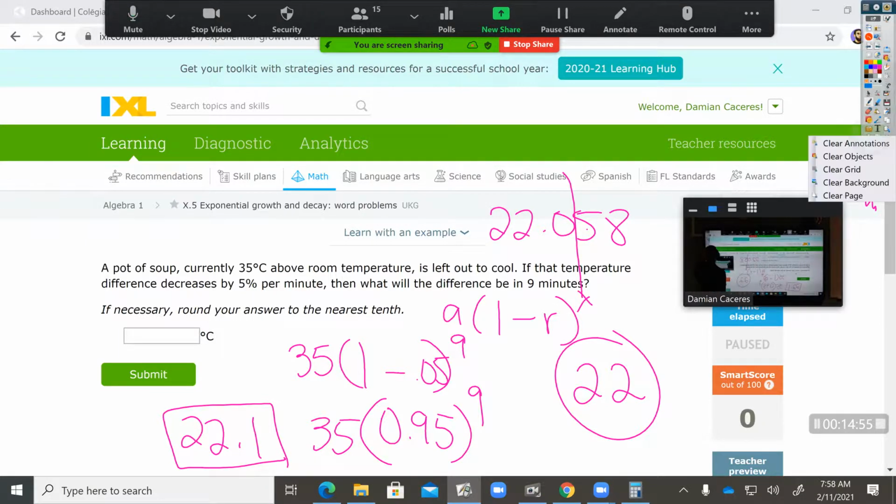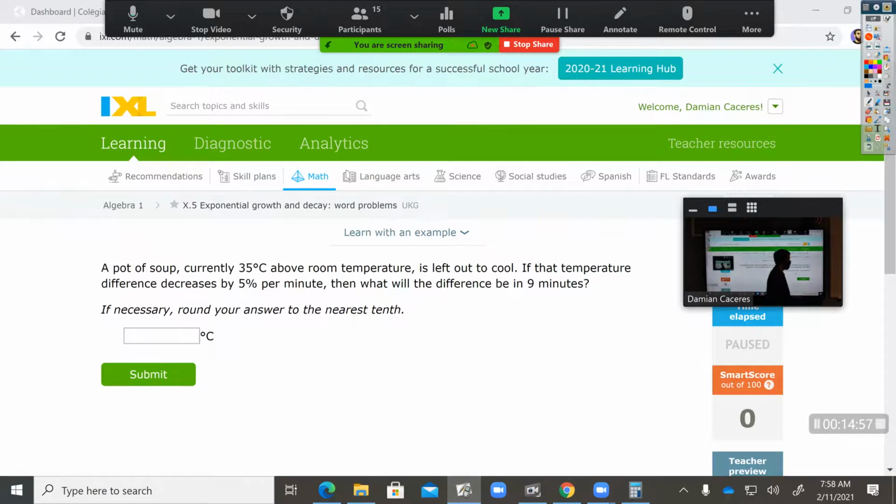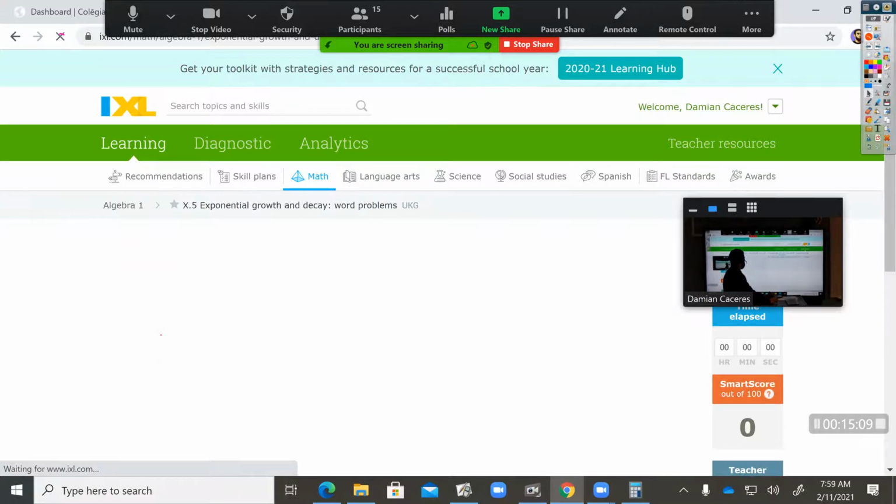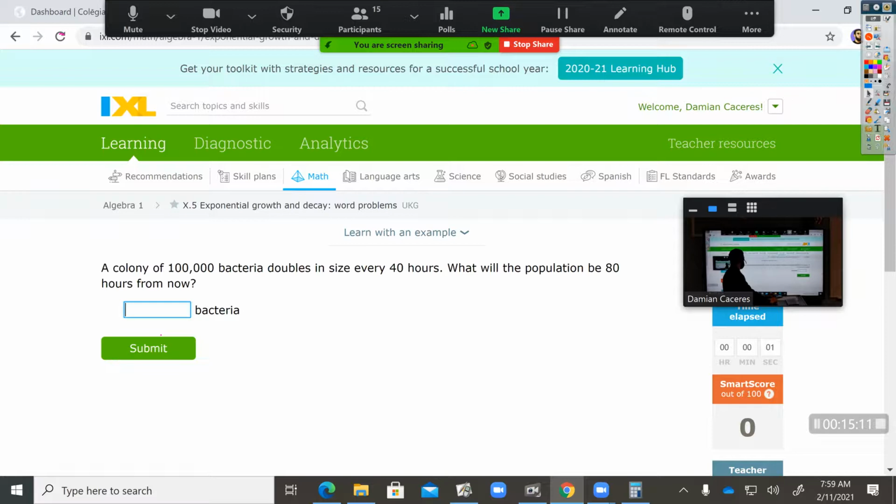Now let's do one more example. Now this here is key.